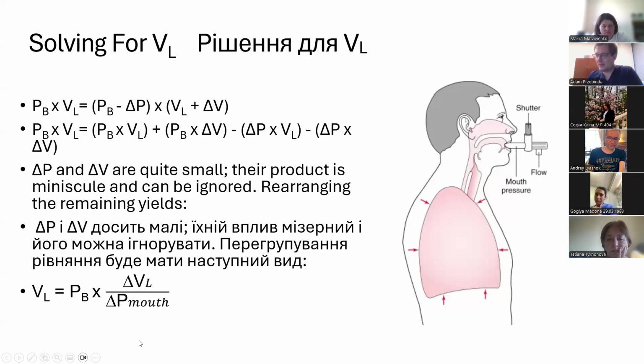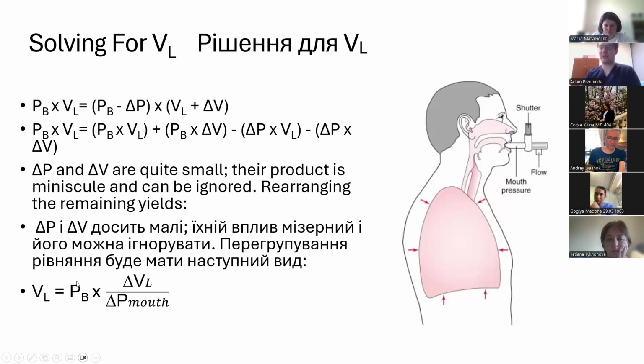So what we're left with is the volume of the lung is equal to the barometric pressure multiplied by the change in volume of the lung divided by the change in pressure at the mouth.